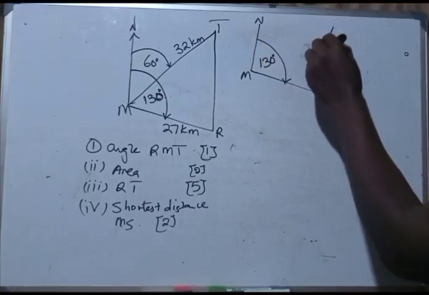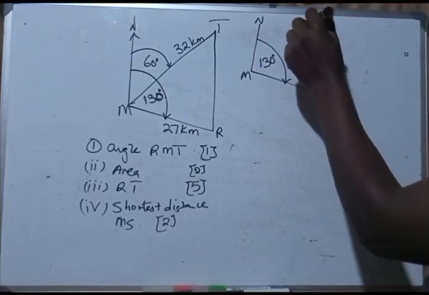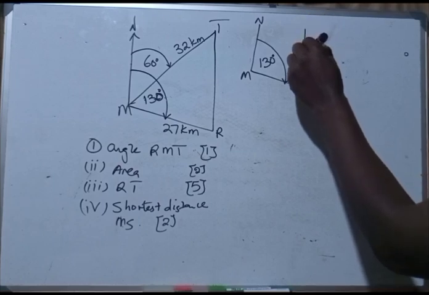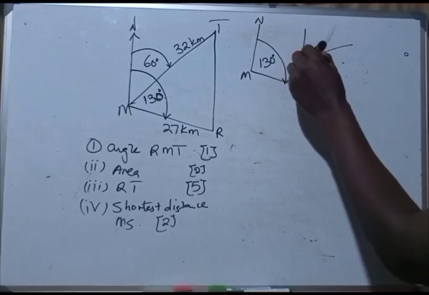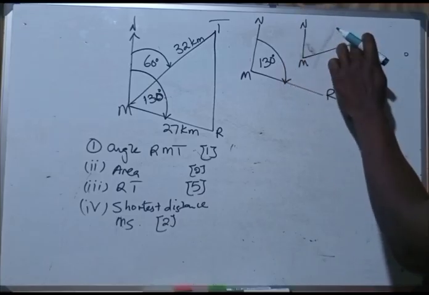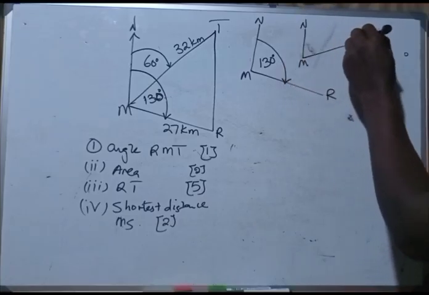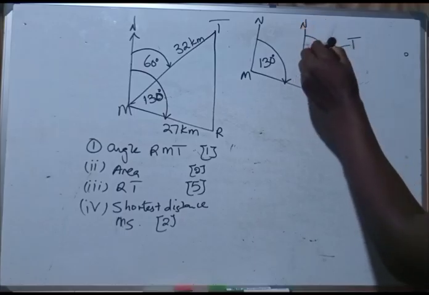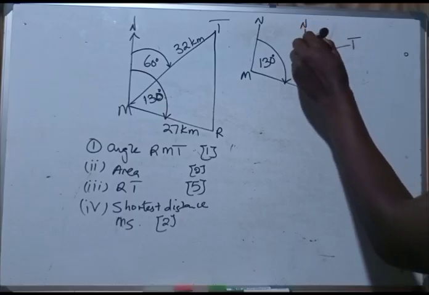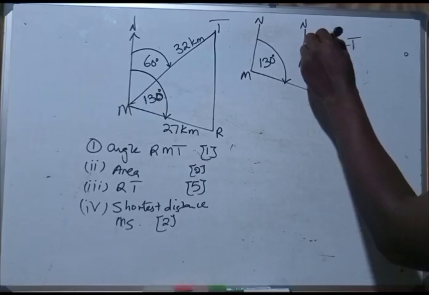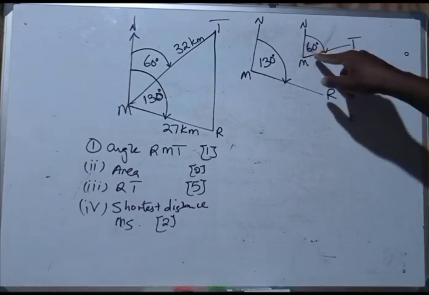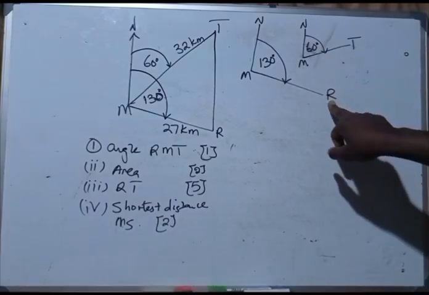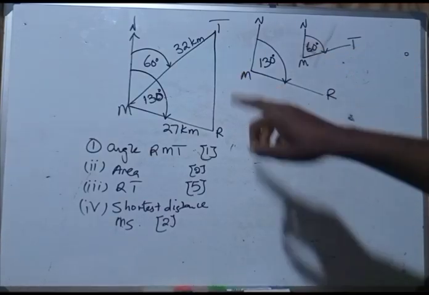And we have another angle from N, M, where N is the north, and we have the T there. The angle there is 60. In short, the bearing of T from M is 60 degrees. The bearing of R from M is 130.